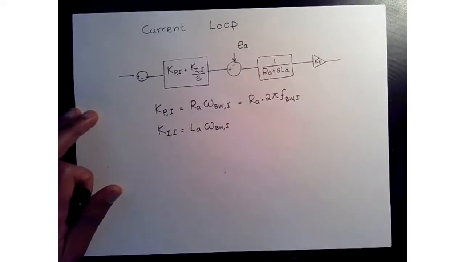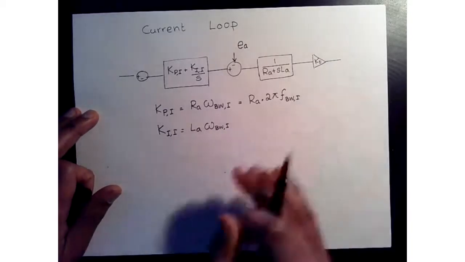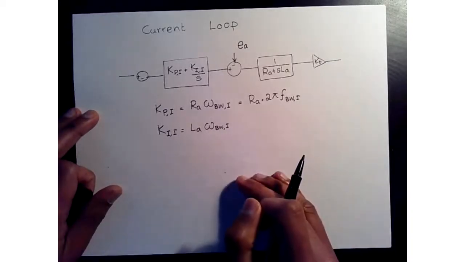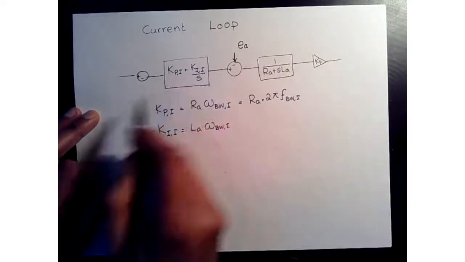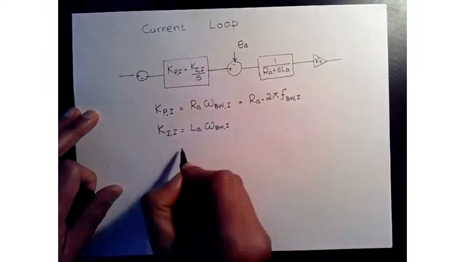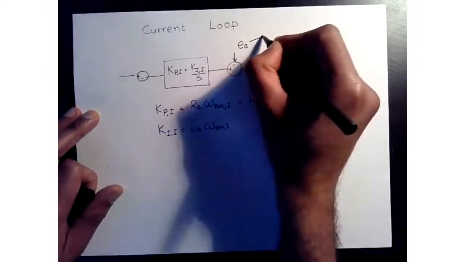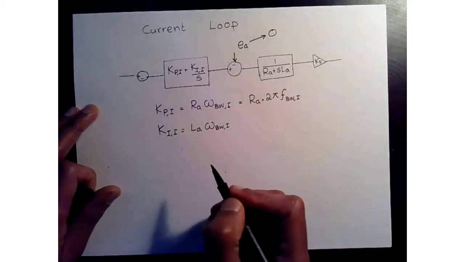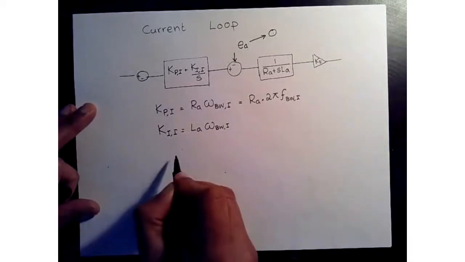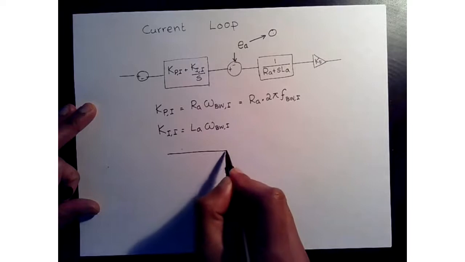All right. So with this, let's redraw our system, and here I'm only showing the forward path, with our back EMF assumed 0, and with the closed loop we'll see what we have.